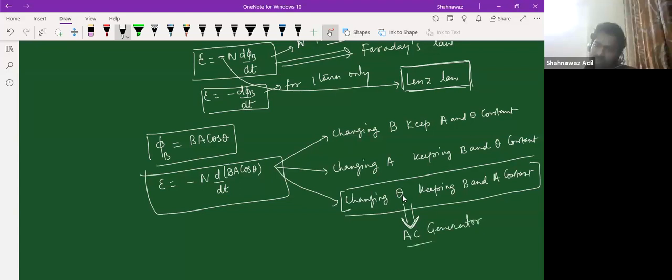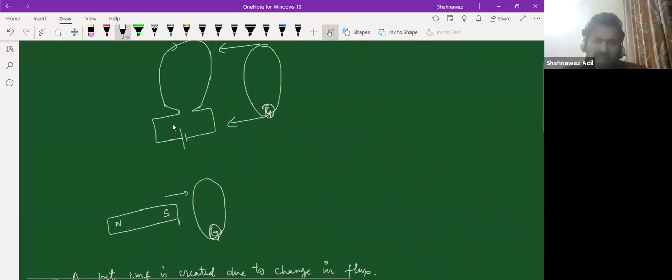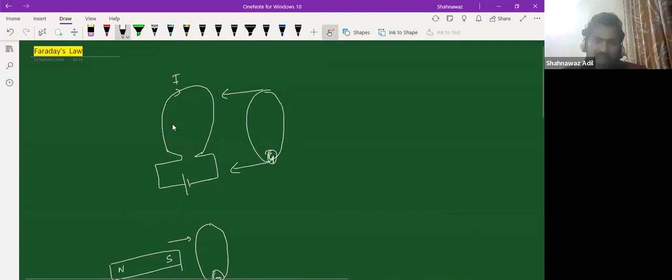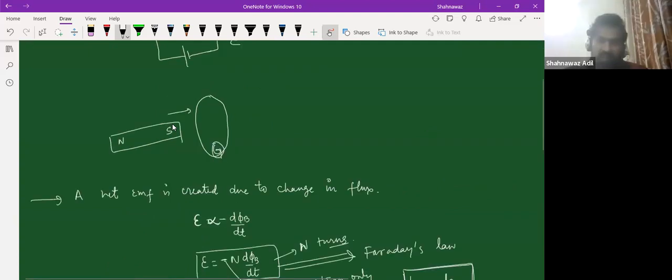In an AC generator, we rotate the coil, so we change theta, but the magnetic field and area are constant. So that is the working principle of the AC generator. Quickly note it down and then we'll stop. This is what we call Faraday's law.